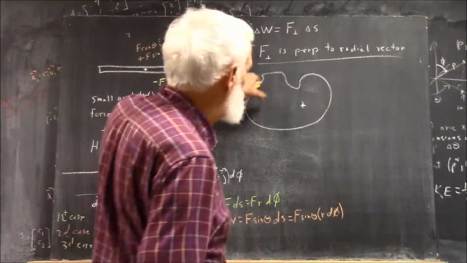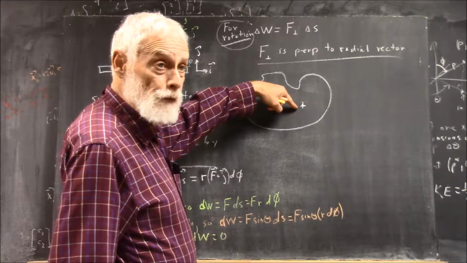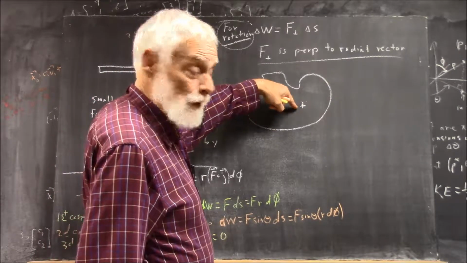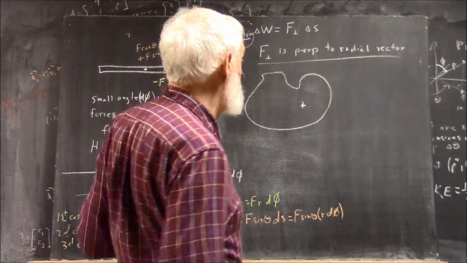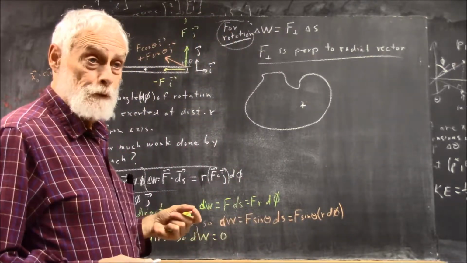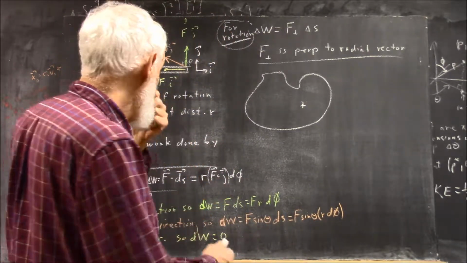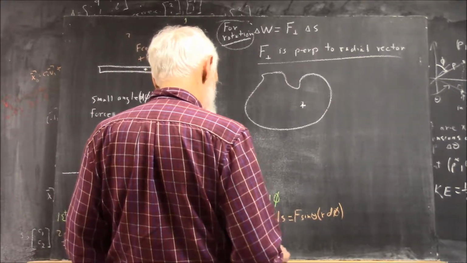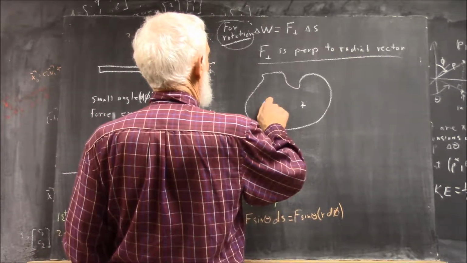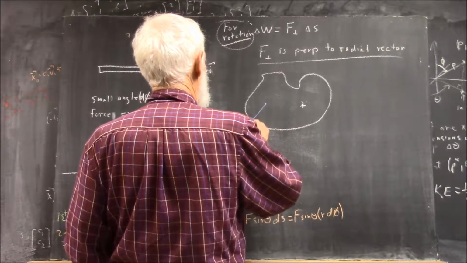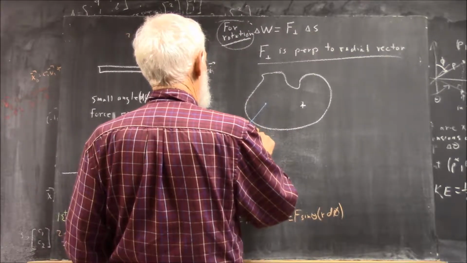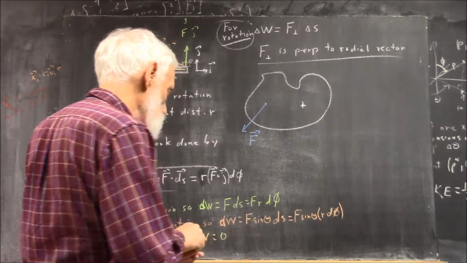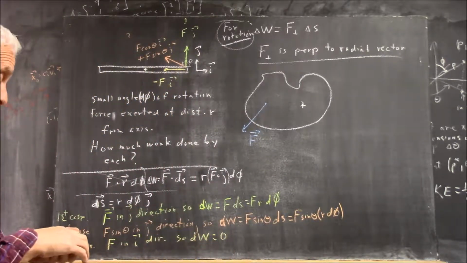So we've got some extended object rotating about this axis, okay? An axis through this point, or maybe just through this point, right? And we apply a force. Okay, so we apply some force. Let's use a different color. We apply a force here. Okay.